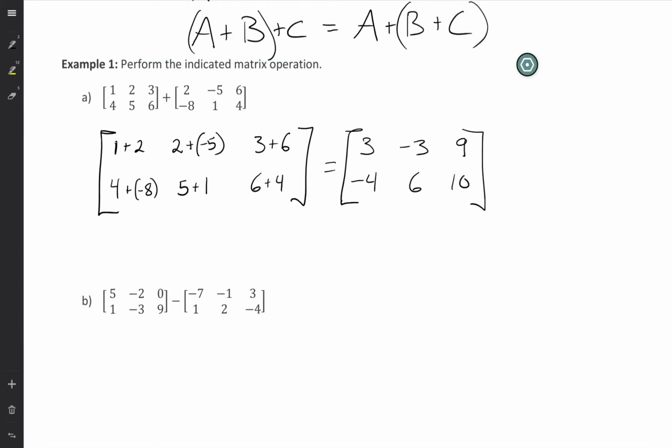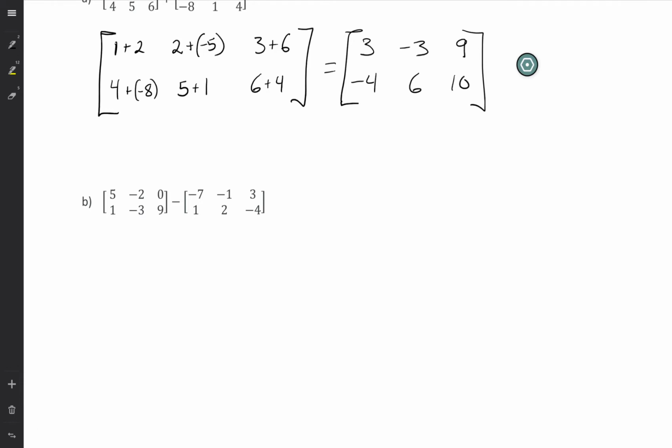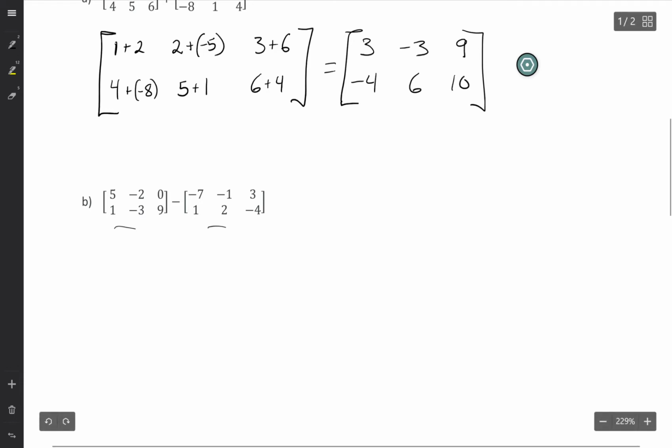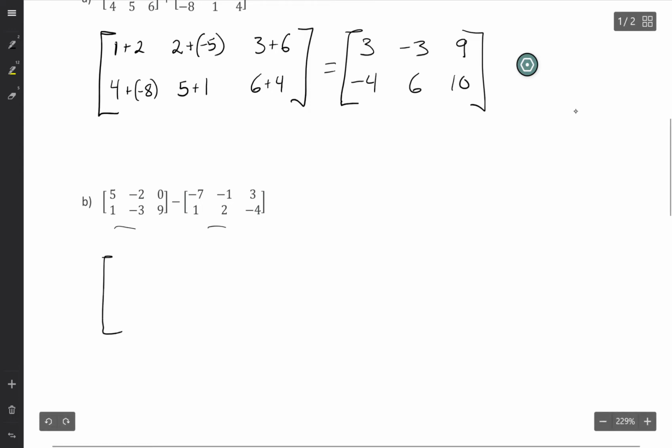It works the same way with subtraction. You don't really need to do anything different except you're subtracting this time instead of adding. And note that these are both 2 by 3 matrices. So for my first entry, it's 5 minus negative 7. The second entry is negative 2 minus negative 1. The third entry is 0 minus 3, then 1 minus 1, negative 3 minus 2, and 9 minus negative 4.